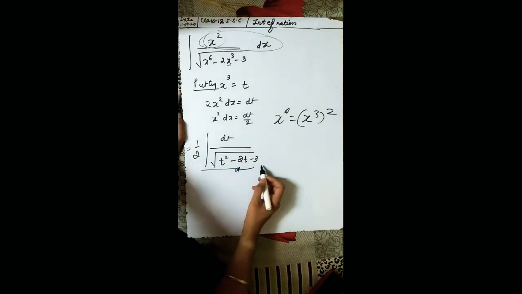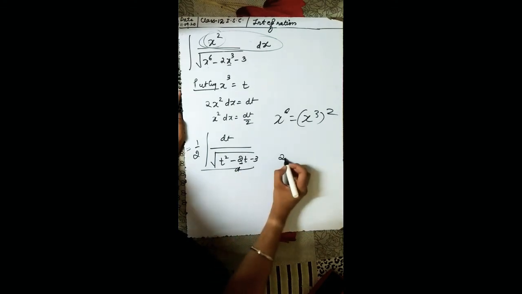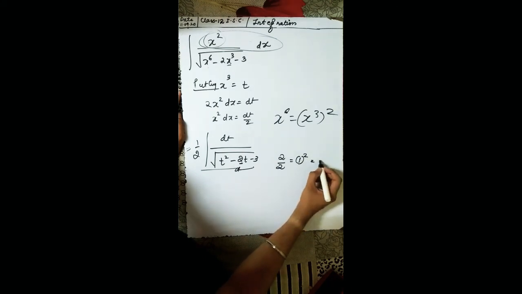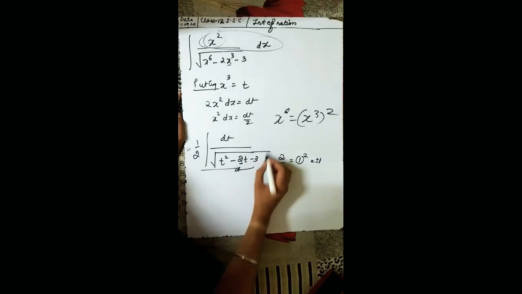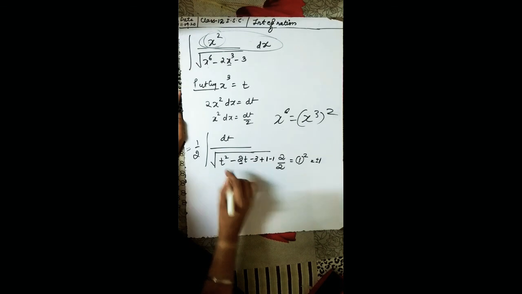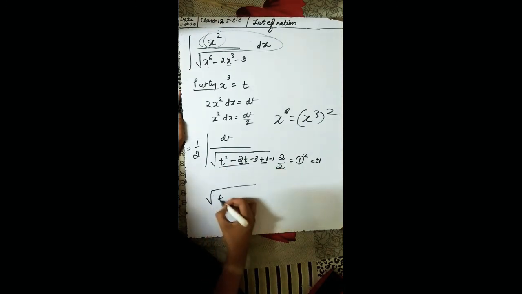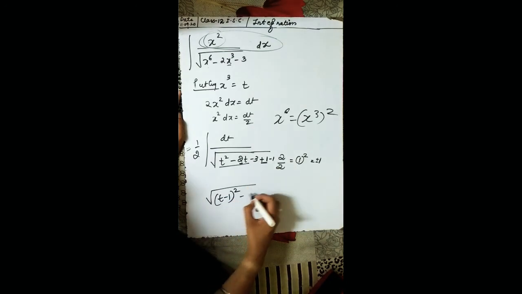So the coefficient of t here is 2, divided by 2, you'll get 1, square it, you will get 1. You need to add that 1 and subtract that 1 here. So plus 1 and minus 1. t square minus 2t plus 1 will give you t minus 1 the whole square. Minus 3 minus 1 will give you minus 4, which is 2 the whole square.